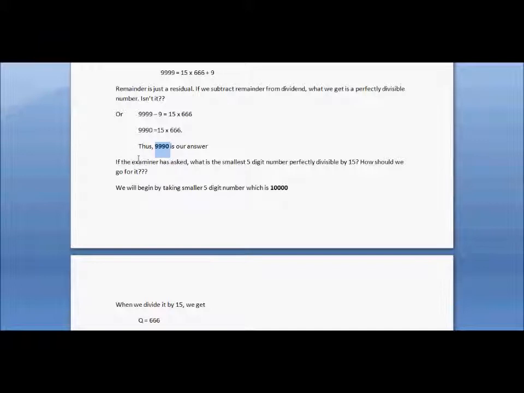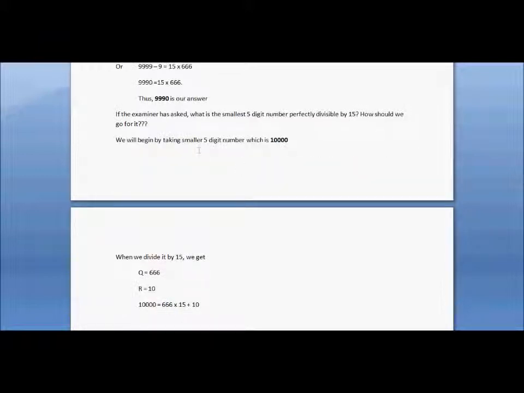Now again, if an examiner asks what is the smallest 5-digit number perfectly divisible by 15, how should we proceed for this question, right? Again, we would take the smallest 5-digit number, which is 1 followed by 4 zeros. This is the smallest 5-digit number.